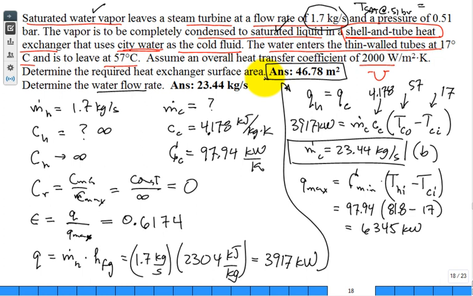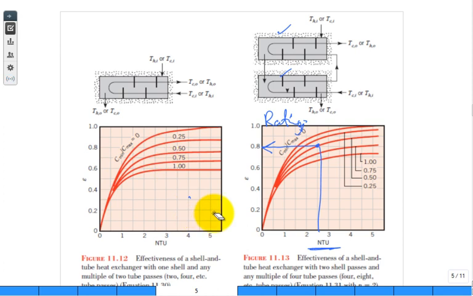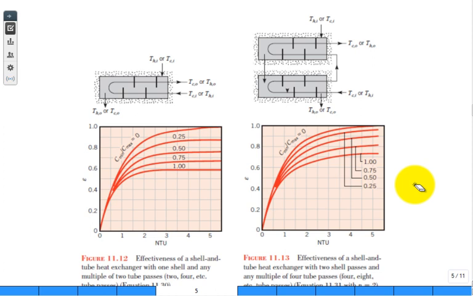Well, you have to go to the correlation for the shell and tube heat exchanger. Okay, shell and tube right here. All right. So we come back here. And what did we have for our effectiveness? 0.6174.